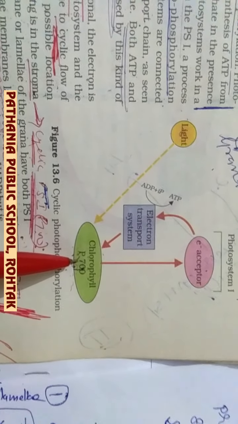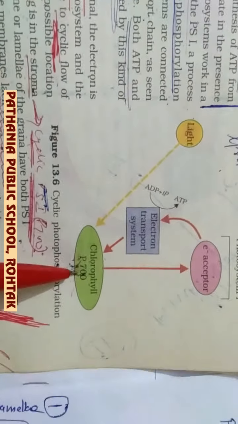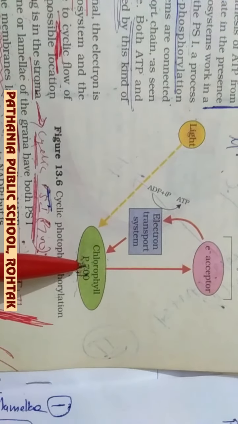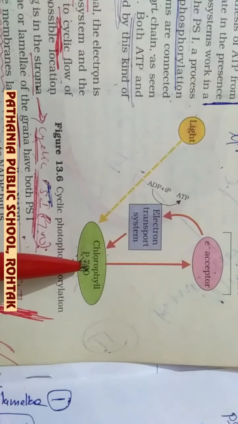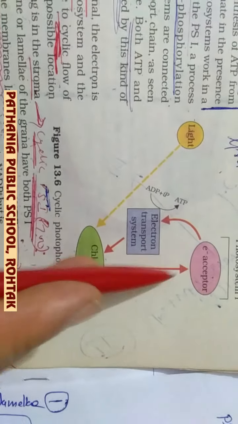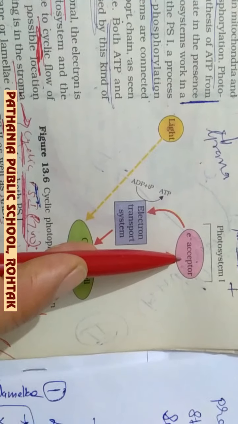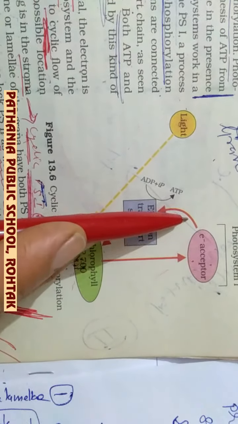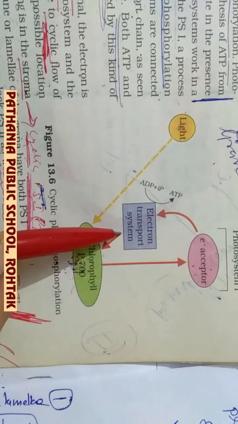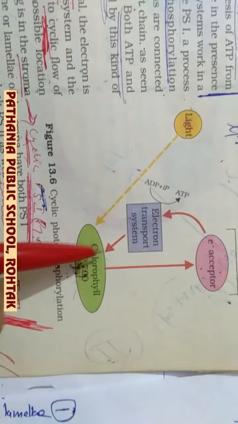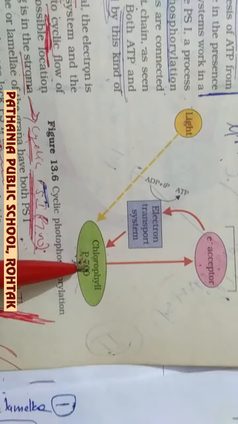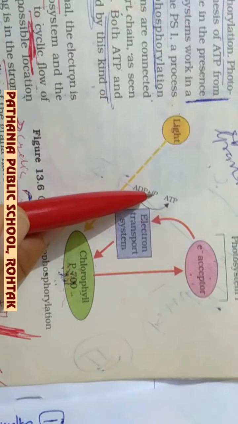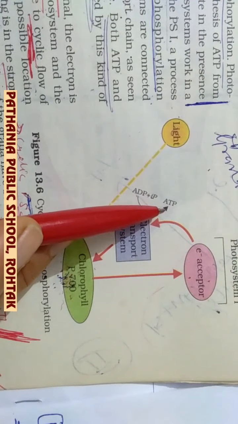This pigment system 1 is involved in this, and once the light energy is absorbed by this pigment system, it gets excited, and after its excitation the electrons are emitted, and these electrons are received by one electron acceptor, and after that these electrons pass through a chain of various electron acceptors, and ultimately it comes back to the pigment system P700. And in the meantime the ADP and inorganic phosphate join to form ATP.